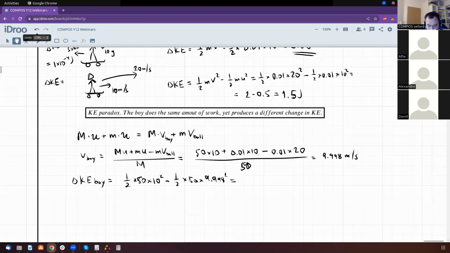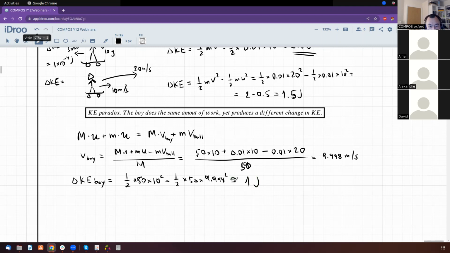Yeah, what was the issue here? Okay, yes, so the change in kinetic energy of the buoy is effectively 1 joule.